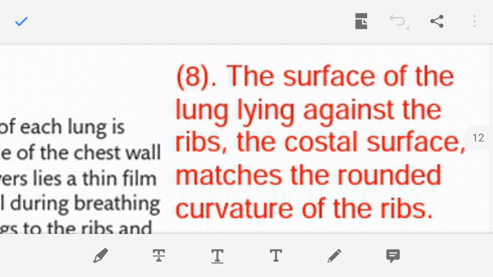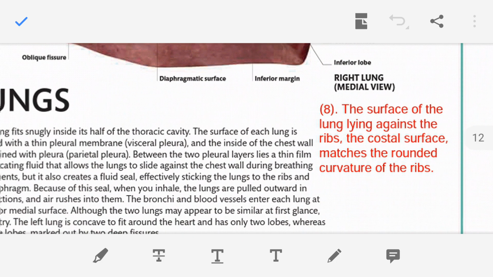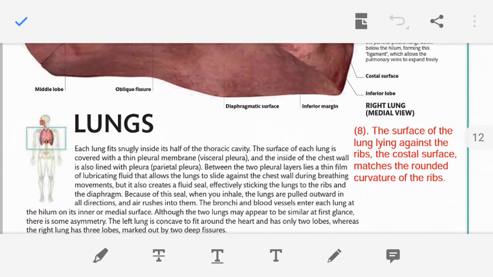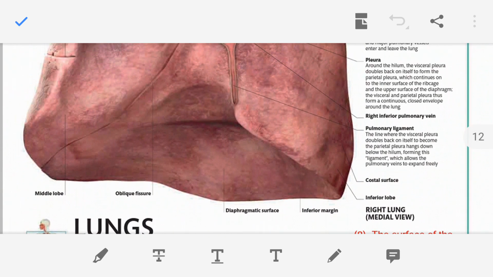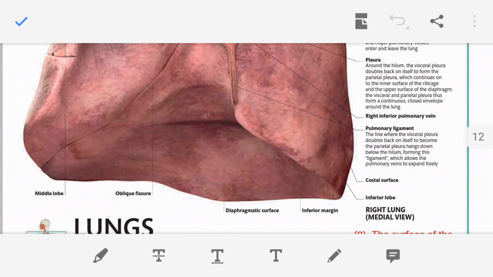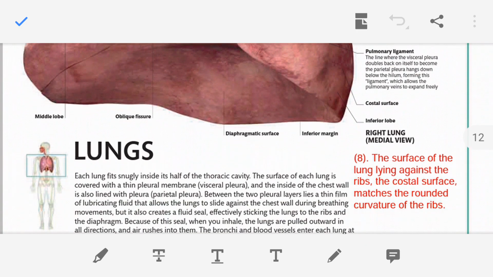We know anteriorly the ribs join the sternum, then they move around the entire thoracic cavity, and on the back side they join with the vertebrae. So the surface of the lung in the direction in which the ribs are curving is known as the costal surface.